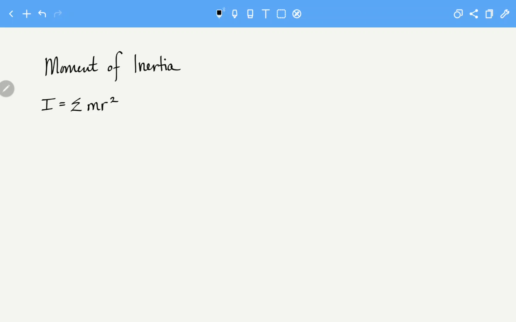So if you were to look at a single particle orbiting something, like literally a satellite orbiting Earth, rotating around an object, and you did the math for that, then it's just going to be by itself mr squared.